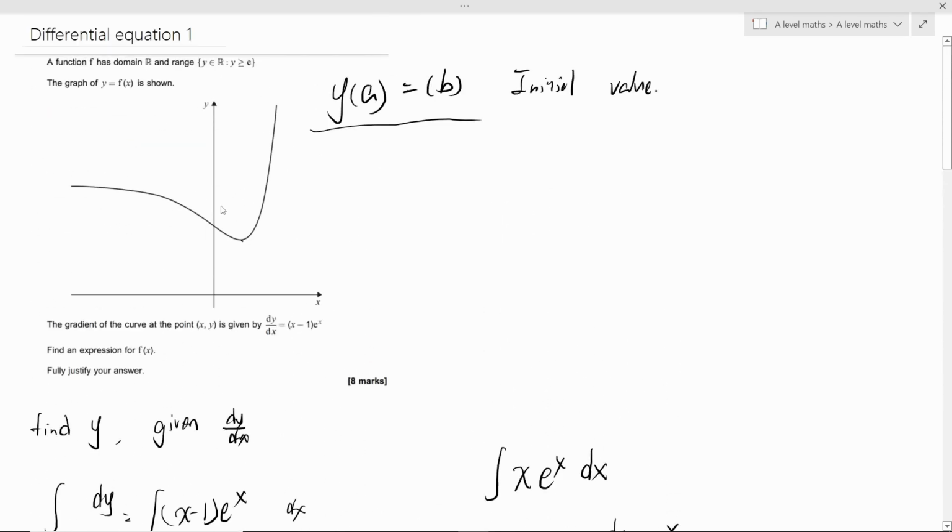Okay. A bit more about first order ODEs. Initial values are extremely important, actually more important than you think.